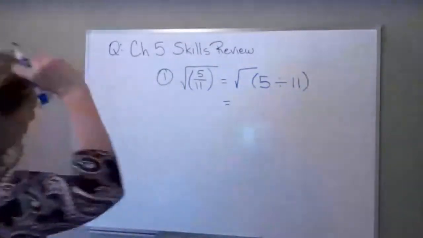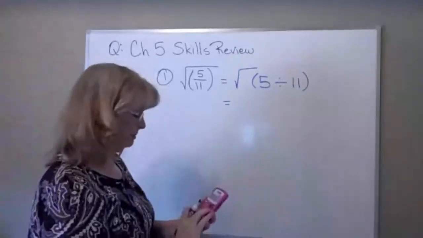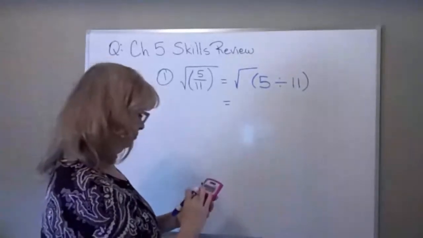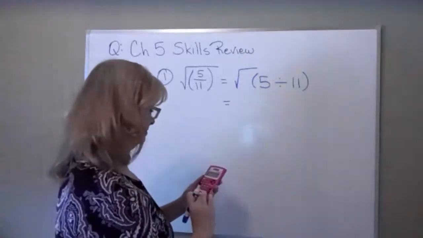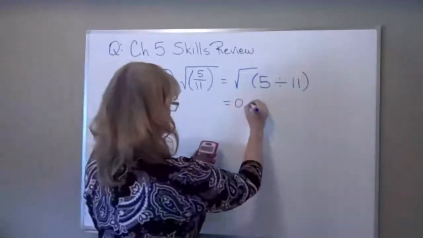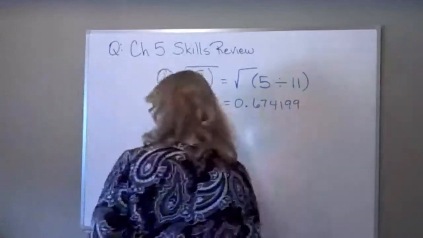And remember, we're not going to round until the final. This will be the final answer if we do this, but I'm going to write down what I get before I round. So I do 5 divided by 11, and it's a big old long number.